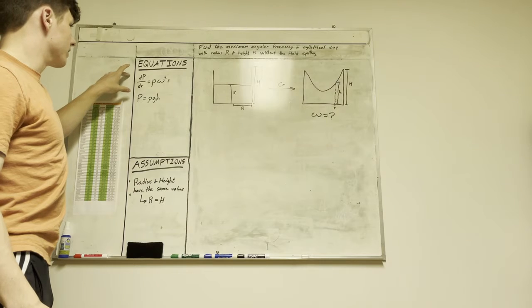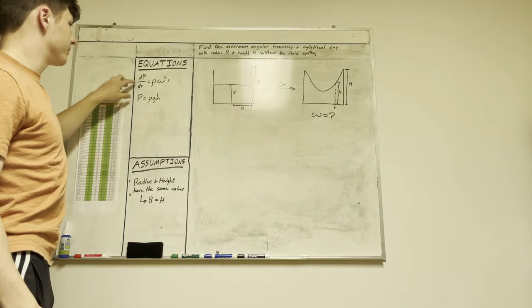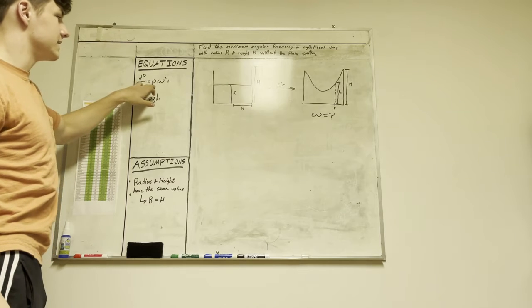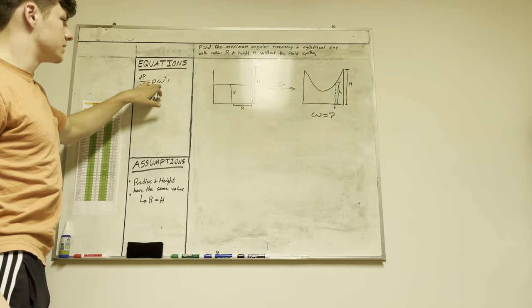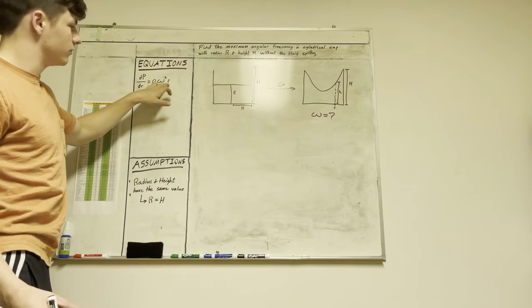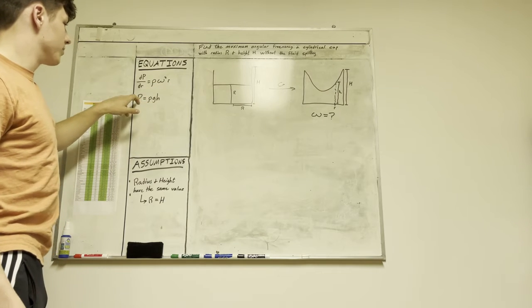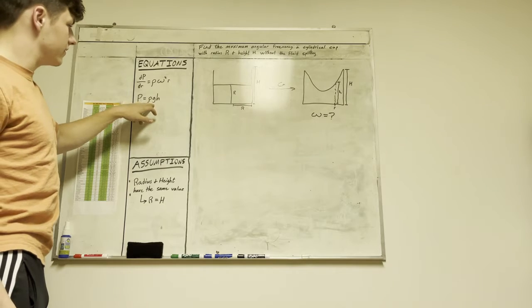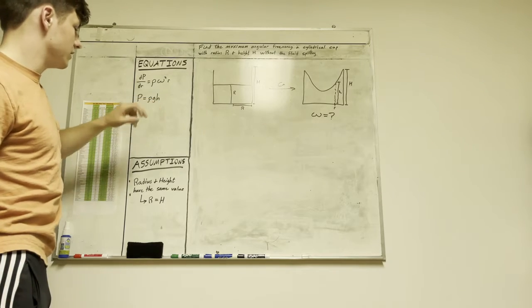The derivative of pressure with respect to position is equal to the density times the angular frequency squared times r, some position. And then the pressure is equal to density times the acceleration due to gravity times some height h.